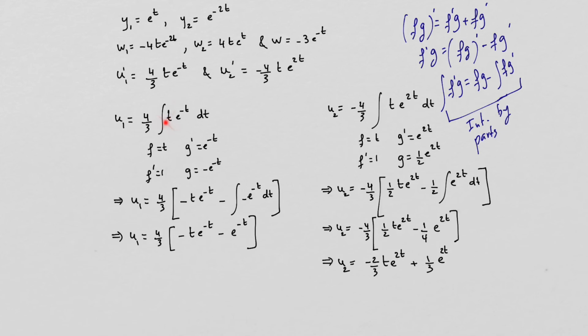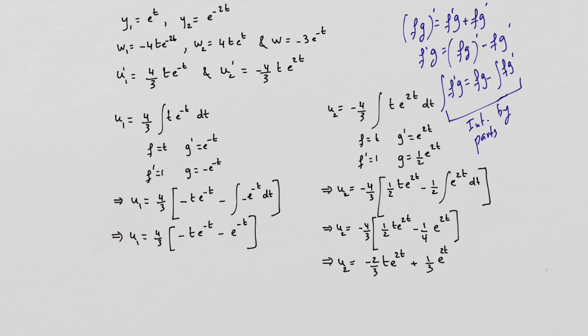So I call this f, and I call this g prime. I solved for this basically. fg prime is this minus that. Same thing, okay? So I got 4/3, and then fg with no integral, fg minus the integral of this, and so I got, that's just a plus, but then the integral of e to negative 2t is negative e to negative t, and so that's my u1.